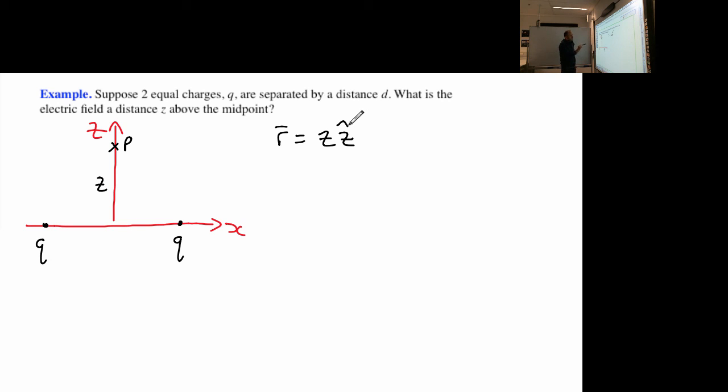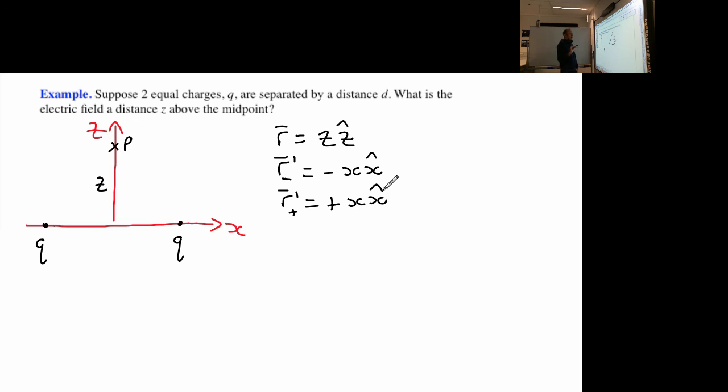One along the positive x and one along the minus x. So for the negative x first, we have r prime equal to minus x hat. And for the positive, we have r prime equal to plus x hat. Okay, so that's the first step.